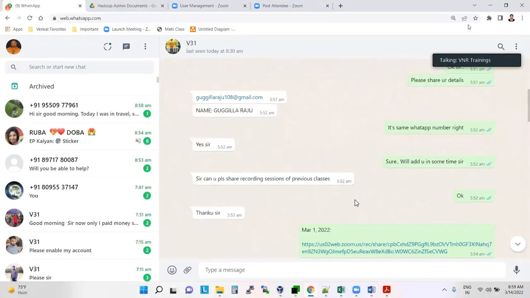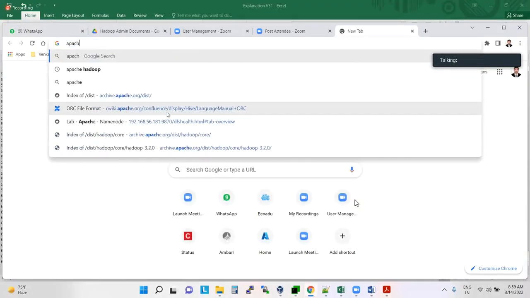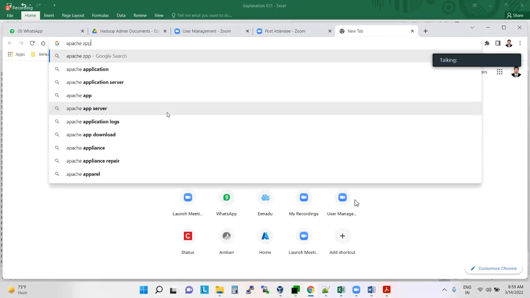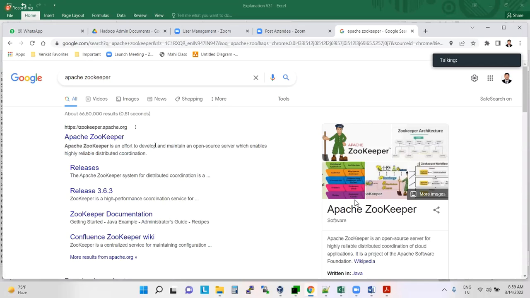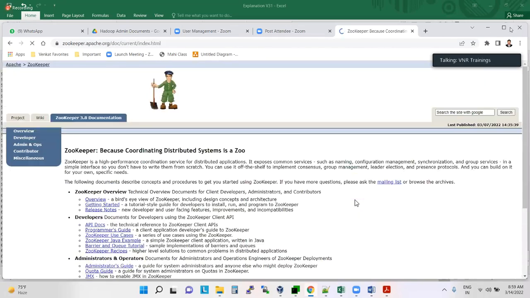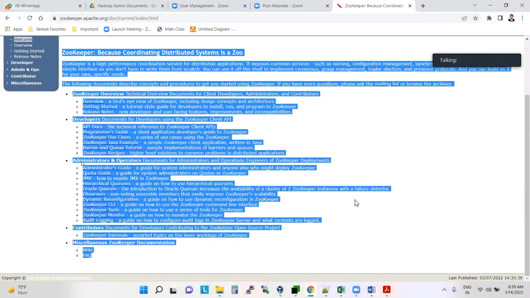The entire Zookeeper. If you see the entire Zookeeper documentation, this is the entire Zookeeper, one page of documentation.